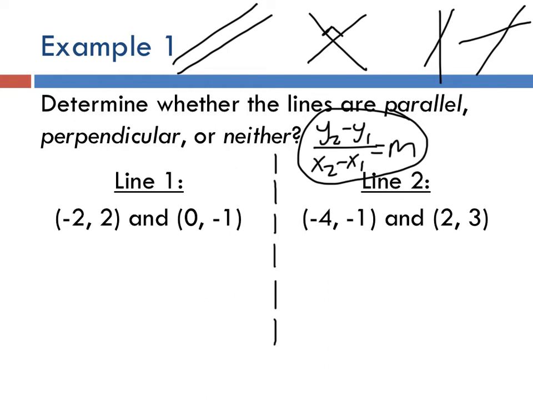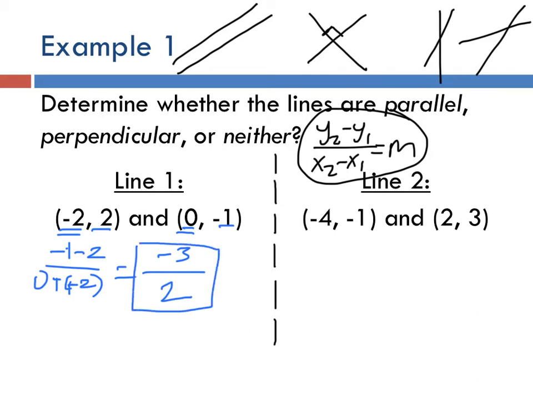So plugging that in, you get negative 1 minus 2, that's y2 minus y1, divided by x2 minus x1, 0 minus negative 2. You get negative 1 minus 2 is negative 3, and positive 2 at the bottom. So the slope for this case is negative 3 over 2. Now to determine whether they're parallel or perpendicular, we have to find the slope of the second line over here.